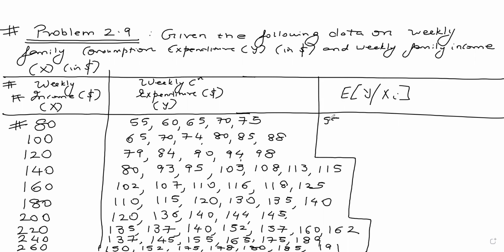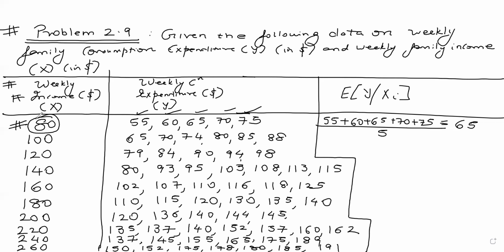This is going to be 55 plus 60 plus 65 plus 70 plus 75. You add up all the values divided by how many values are there? 1, 2, 3, 4, 5. So you divide by 5. You can verify it comes out as 65 only.